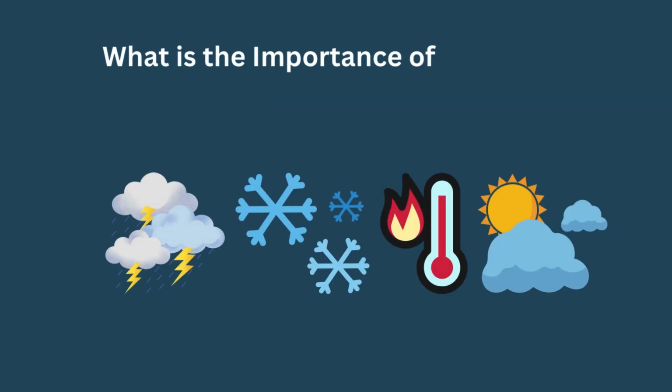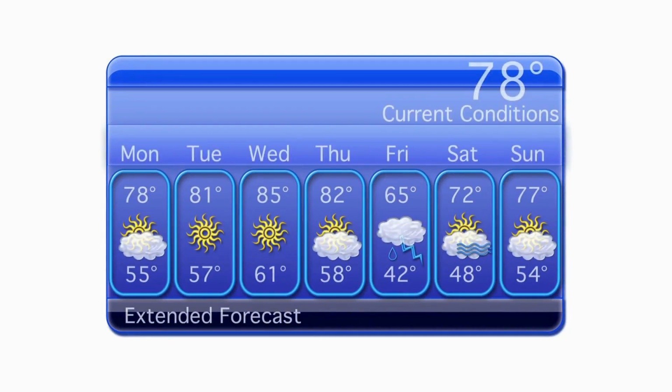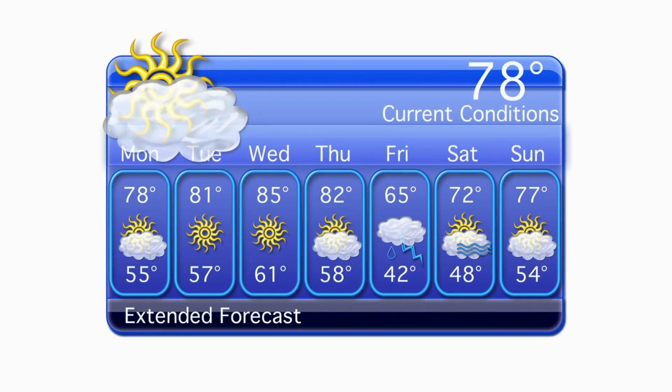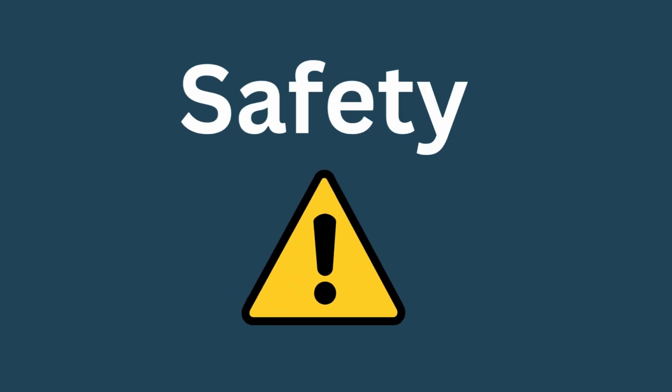So, what is the importance of accurate weather forecasts? Accurate weather forecasts are of great importance in a number of industries and even in our daily lives today. Here are some reasons why accurate weather forecasts are important. Safety.